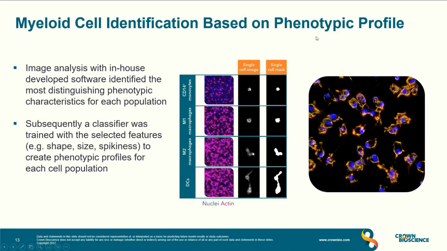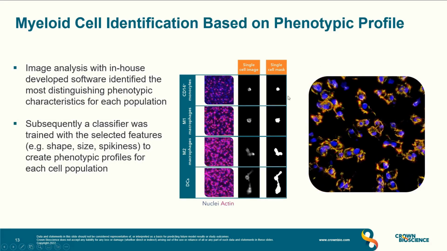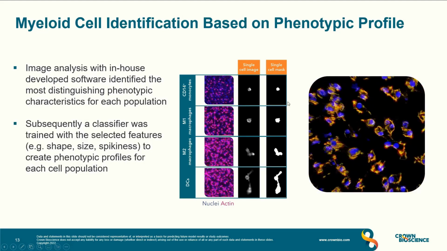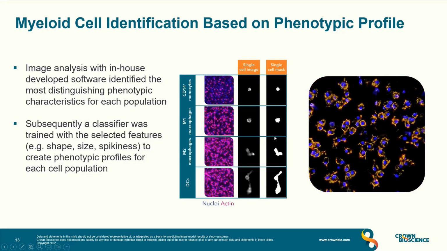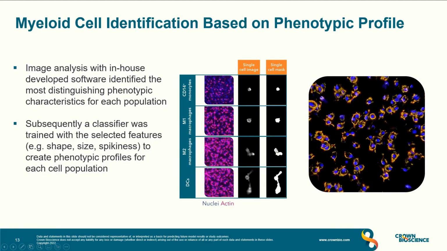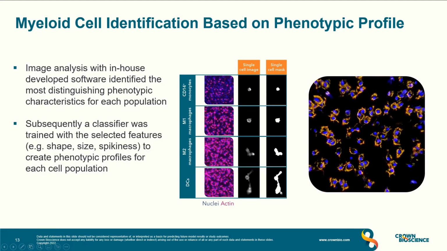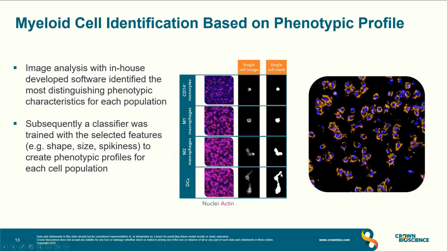If we use our in-house image analysis software, we can identify distinguishing phenotypic characteristics. Here you have the monocyte, a very small round cell, the M1 macrophage, a larger, rounder cell, an M2 macrophage, even larger with more protrusions, and then dendritic cells, which are very large and have even larger protrusions.